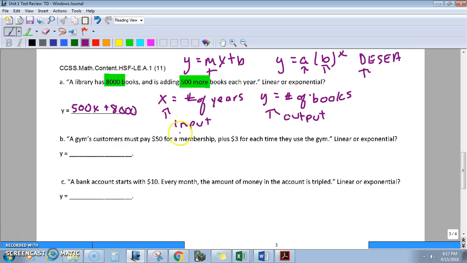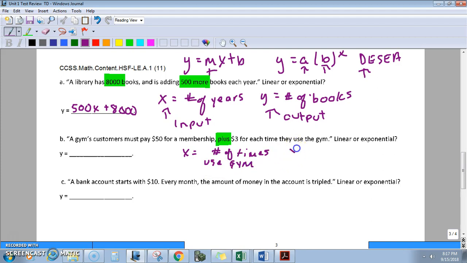B, a gym's customers must pay $50 for a membership plus $3 for each time they use the gym, linear or exponential. Look, did you guys catch the key word here? Plus. Okay, so this is linear too, where our x is equal to the number of times used gym.